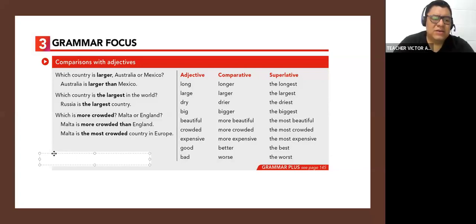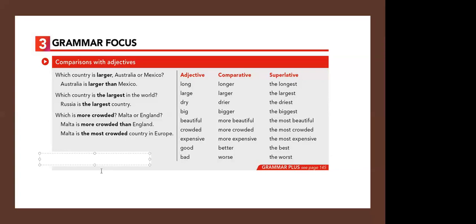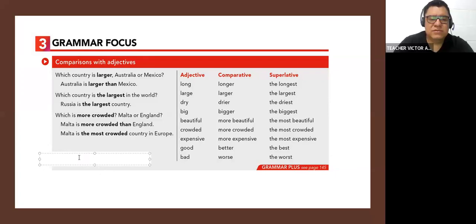Another one that I can tell you is far. You know what this is, guys? Far. Lejos. That's right. So this one could be considered a kind of irregular somehow.